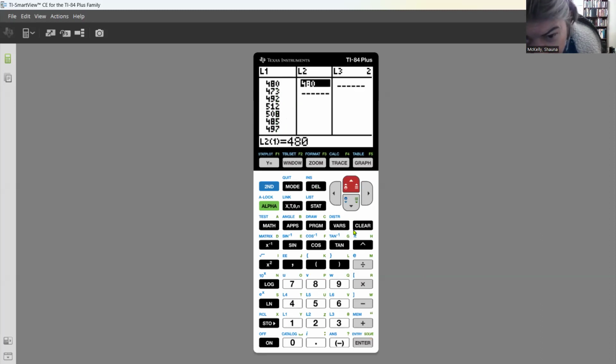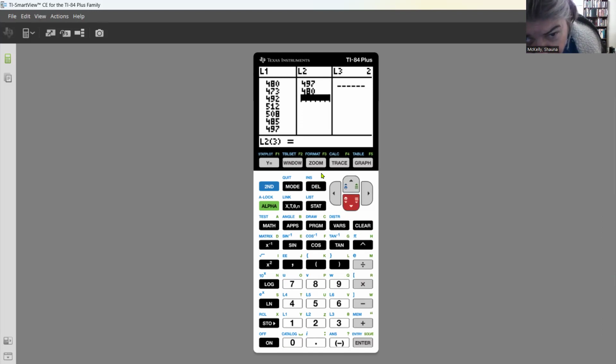If you make a mistake, let's say you meant to enter 497. You entered 480 instead. You can just type over it, 497, and then hit enter. If you miss a number, okay, you put 480 down here, and you're like, oh, I should have put 478. You can go back to the place where it should have been.